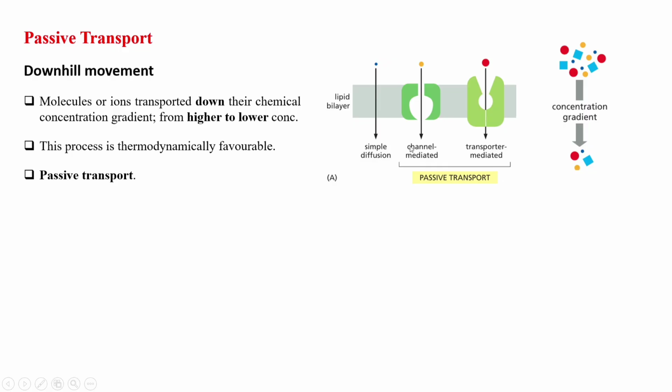Here I will mainly talk about channel mediated, but at first I want to mention that in the case of simple diffusion, there is no requirement of transport proteins, because molecules directly cross the lipid bilayer of the plasma membrane.